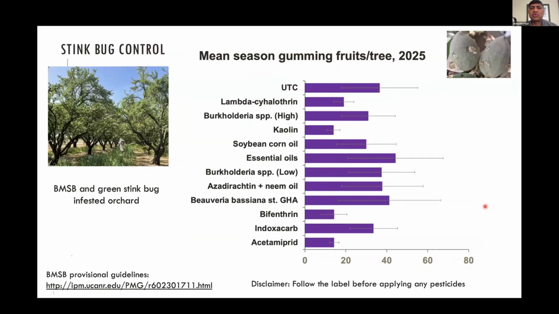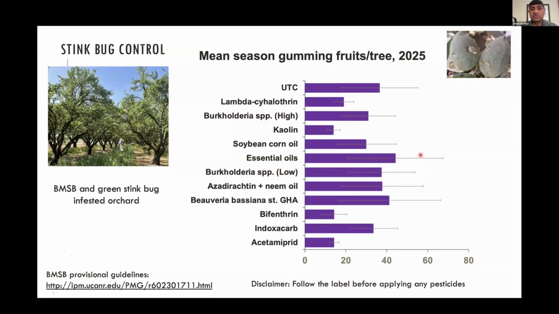These are some of the other ones that I did some research on. This is on almonds, a very recent trial that we did with multiple different insecticides. I won't have time to go through the detail, but I can make the slide available later if you want. There are some softer insecticides, for example Surround and Kill, a soybean corn oil based insecticide.